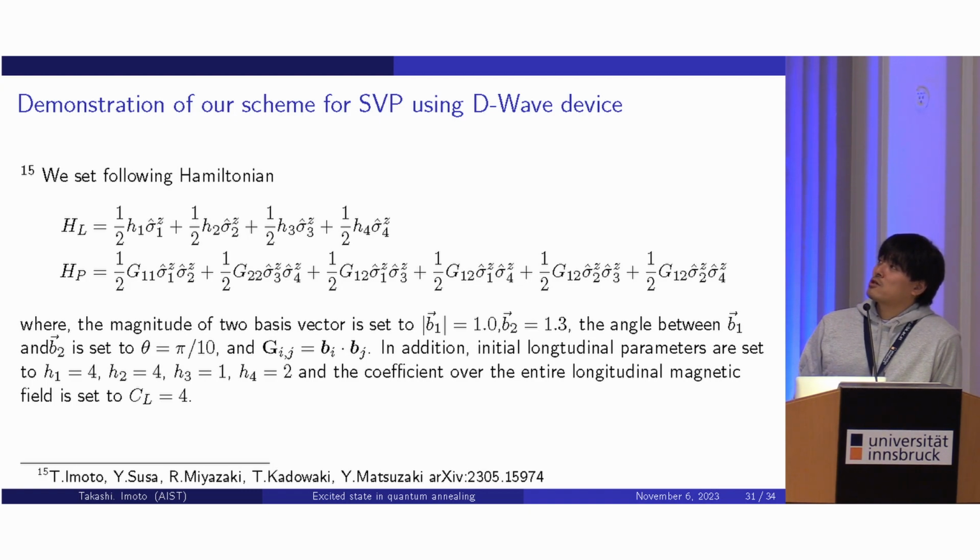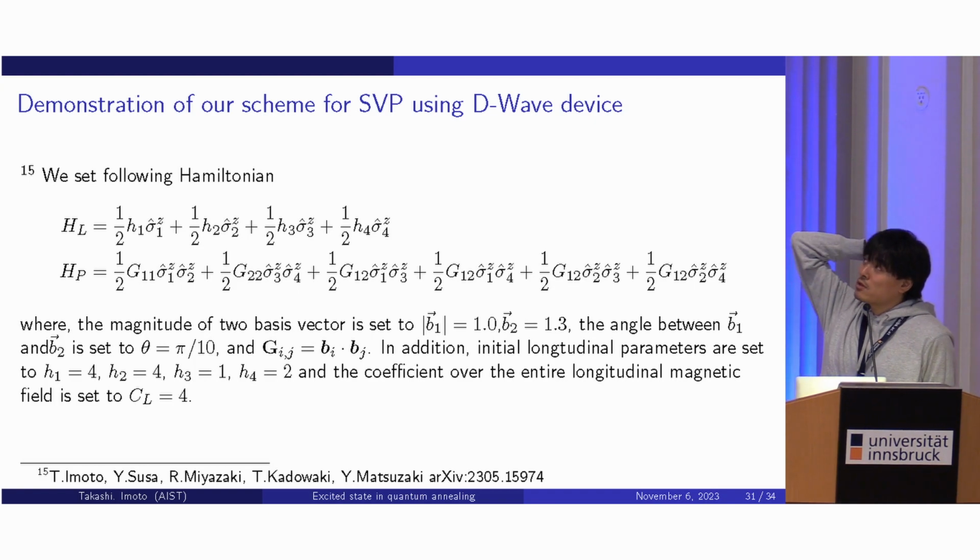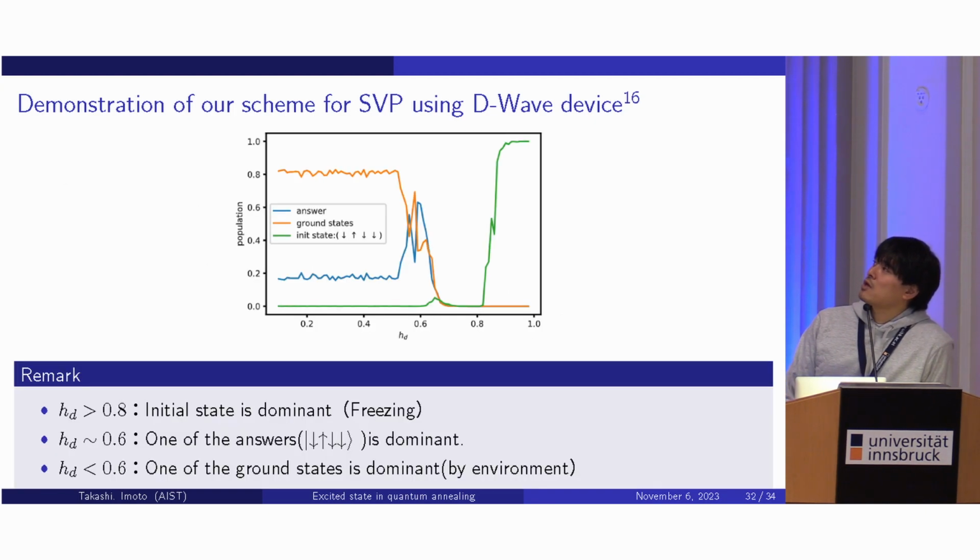Okay, so this is the longitudinal magnetic field and problem Hamiltonian, where HP means the SVP Hamiltonian represented by the spin operator. And this is the result of the demonstration of SVP, the shortest vector problem.